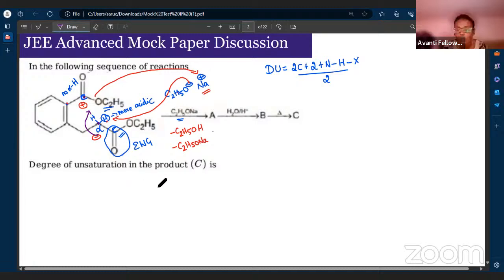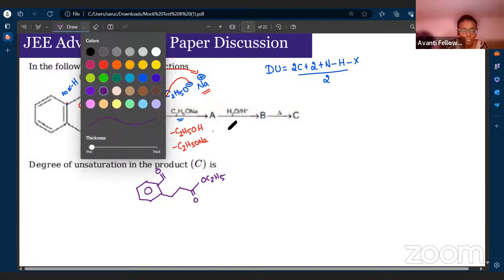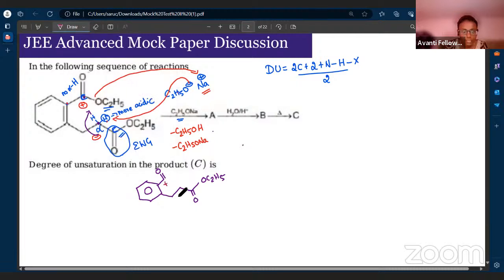I'll write the product now. Therefore, you'll be getting C double bond O over here, which has a positive charge, and here I have CH2, CH with a negative charge, and C double bond O OC2H5. So the charge on the carbonyl carbon is positive, and here I have a negative charge. One hydrogen is removed, so I have only one hydrogen.